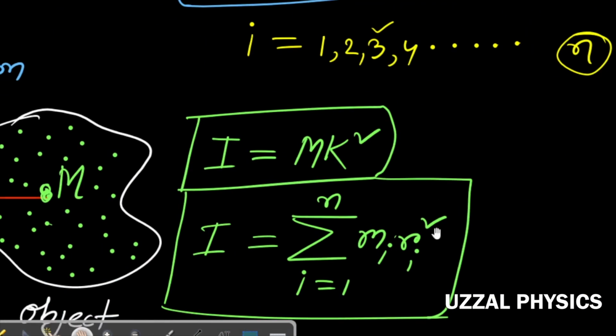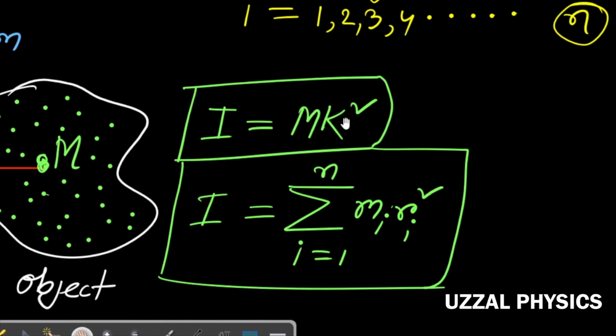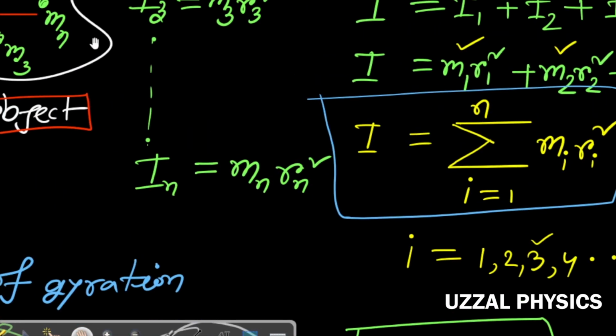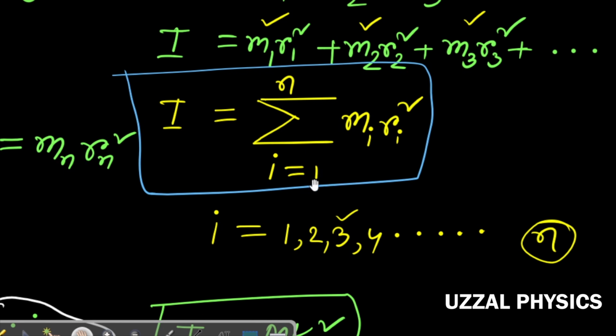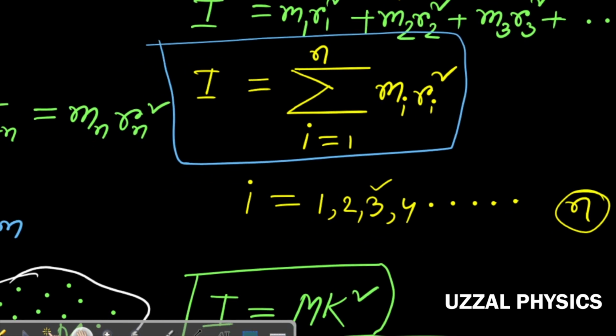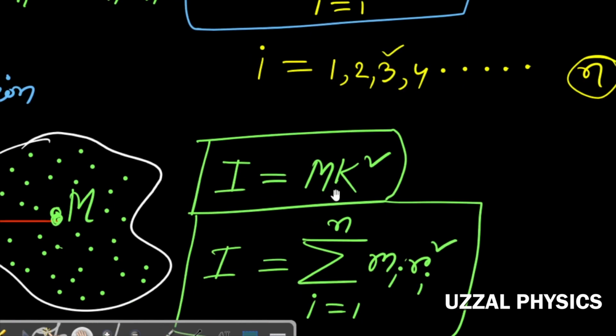But this is also a special process. The moment of inertia of this object is I equal to the summation of m_i r_i square. This is the process for finding the moment of inertia of an object. And this is the other equation, a very simple equation, I is equal to m k square.